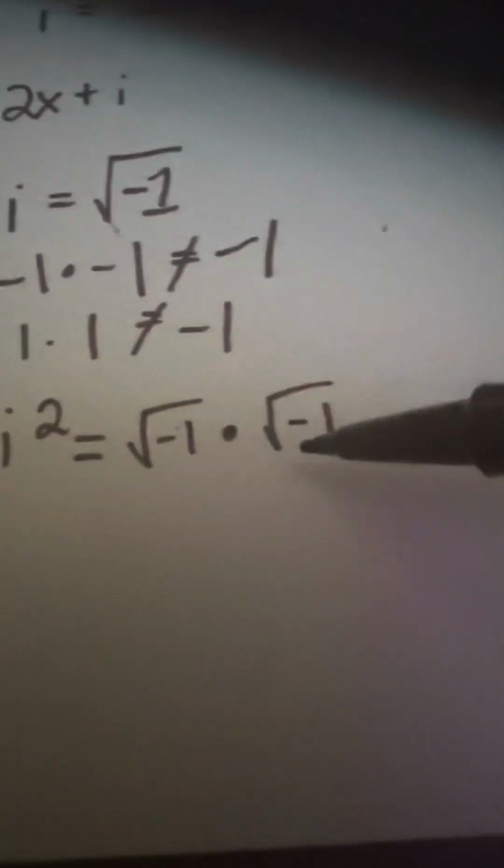Okay, so i squared is i, which is the square root of -1, times itself. If we apply our logic, the square root of something times the square root of the same thing should equal whatever was inside. So i squared is -1.